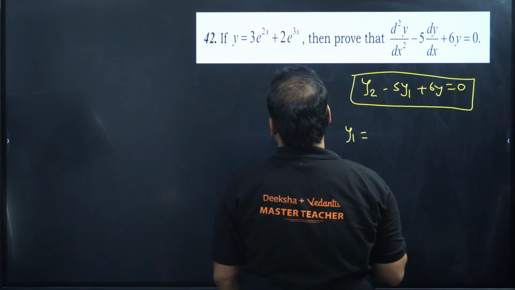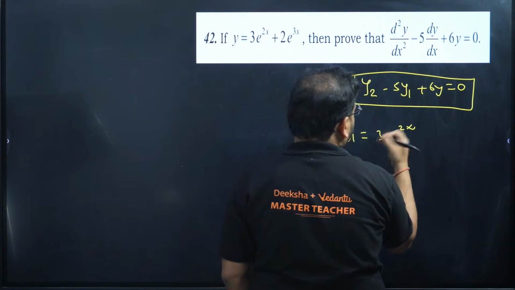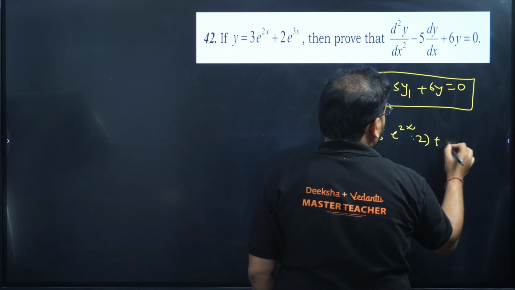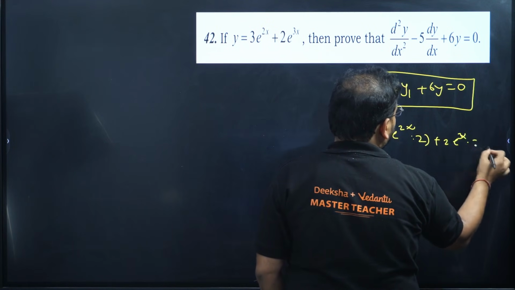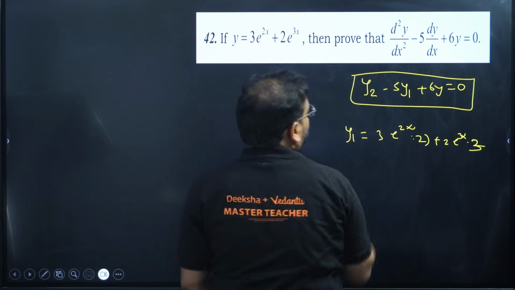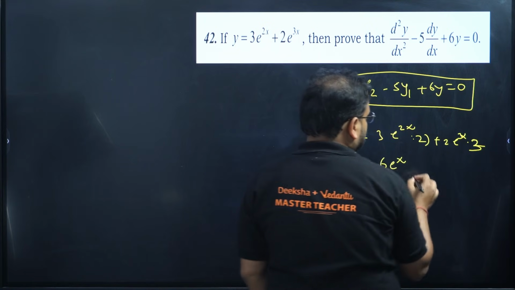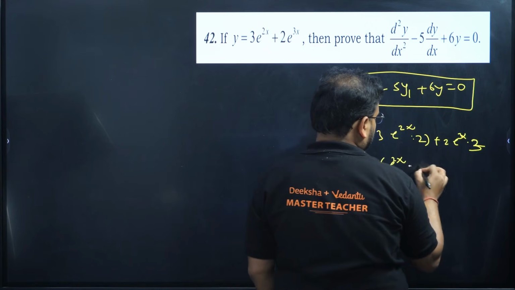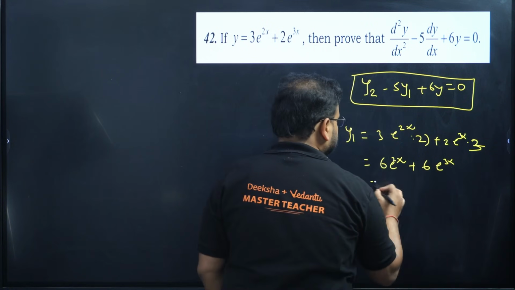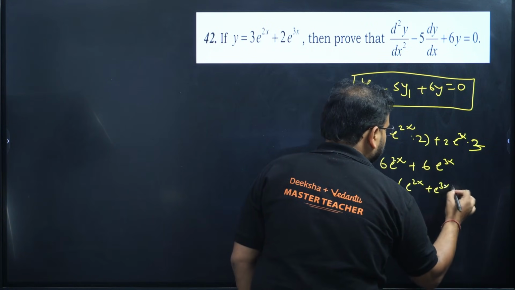What is y1 going to be? 3 e power 2x as it is into 2, and over here 2 e power 3x into 3. Correct, no? There's 3 power over here. So it will become 6 e power 2x and 6 e power 3x. Take 6 common, so I have 6 times e power 2x plus e power 3x.